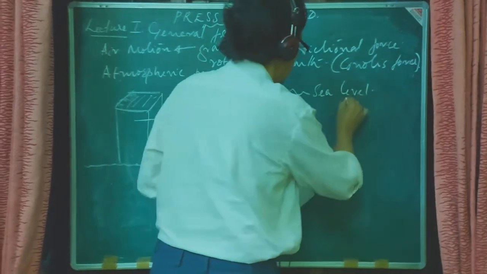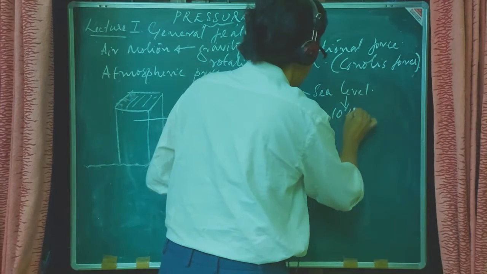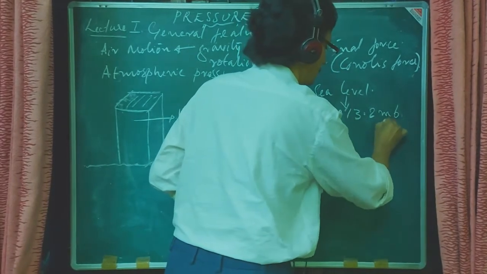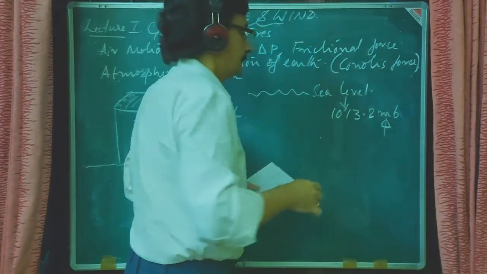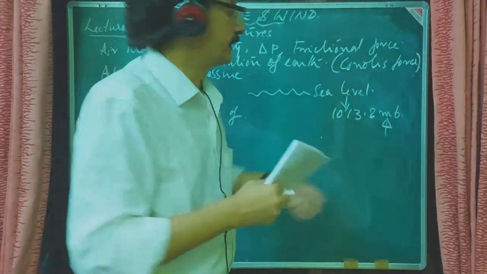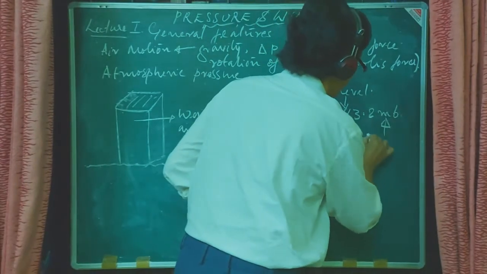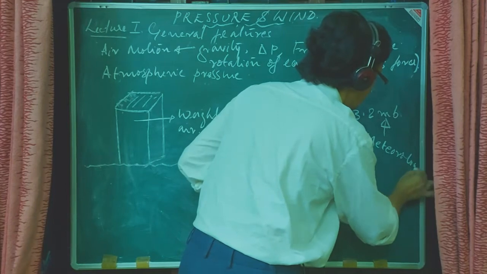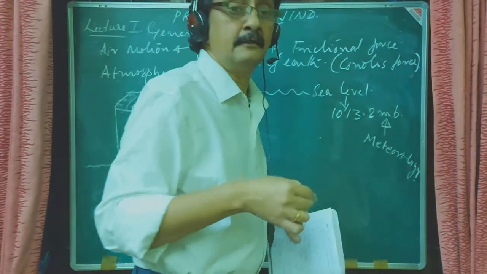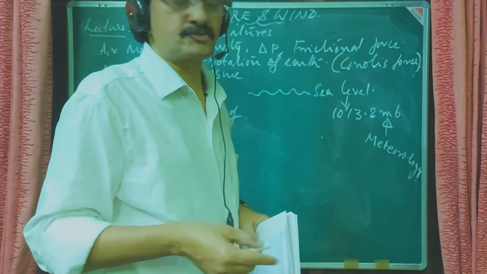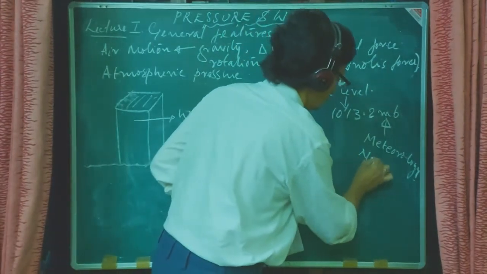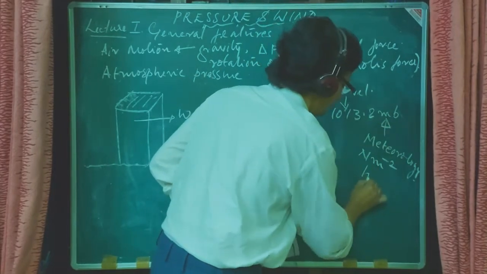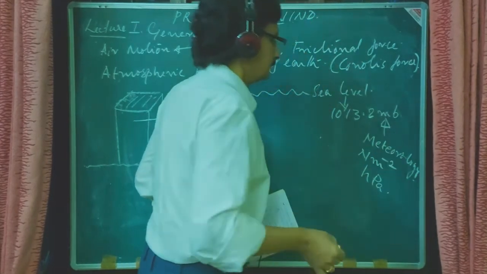The sea level pressure we will take as 1013.2 millibar. In meteorology we express the unit in millibar, unlike in physics, where you would say Newton per meter square, or we will call it hectopascal.